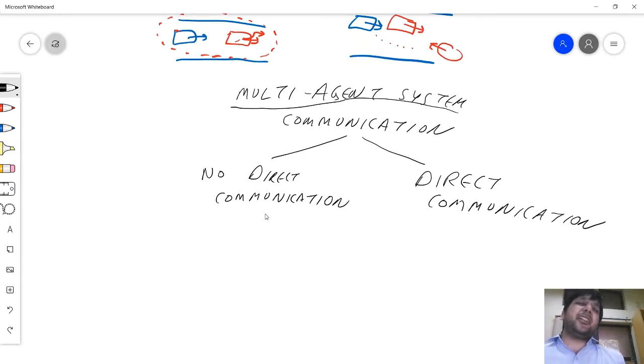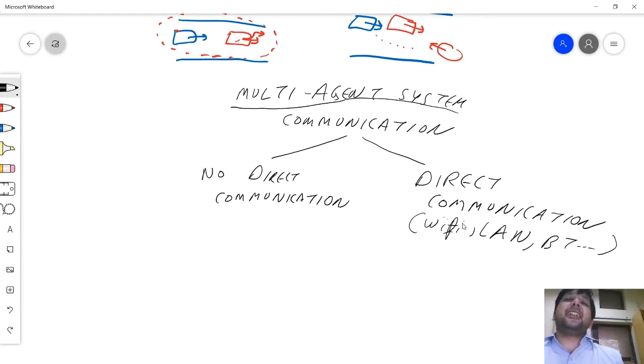So because we're talking about software, a direct communication is when the agents are connected by Wi-Fi, LAN, Bluetooth, and any protocol that you know of. And they have standard protocols. It's no direct communication when they can see each other, hear each other, smell each other. They are olfaction sensors.